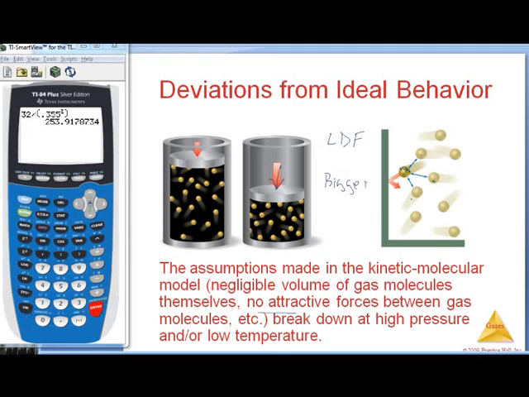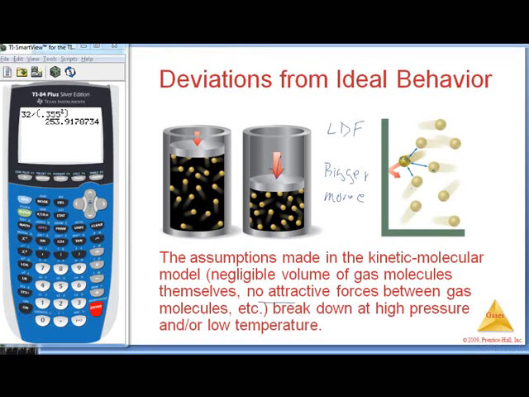Because bigger molecules means more electrons. Okay? And the slower they're moving, the more attraction they can have, right? So if they're at lower temperature and higher pressure pushing them together, those attractions will be greater, and the movement from ideal behavior shifts.